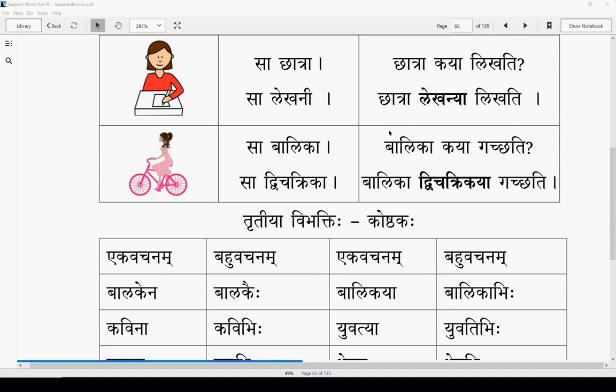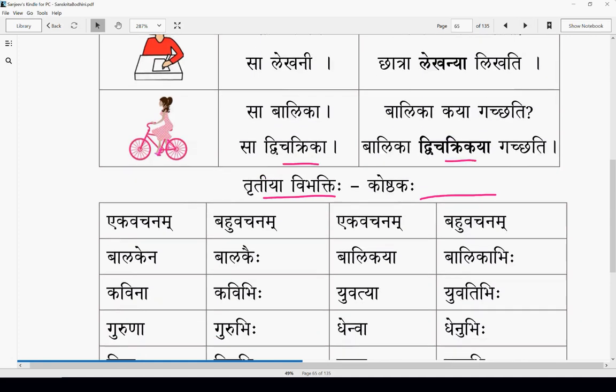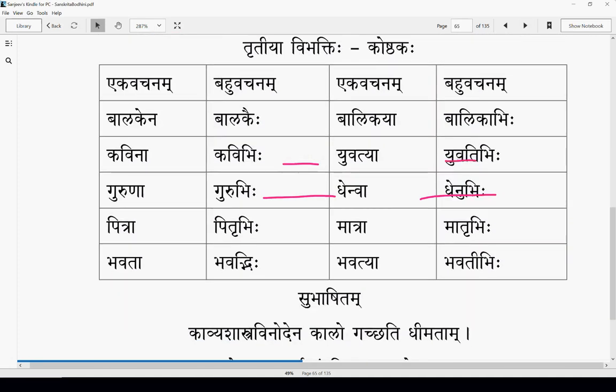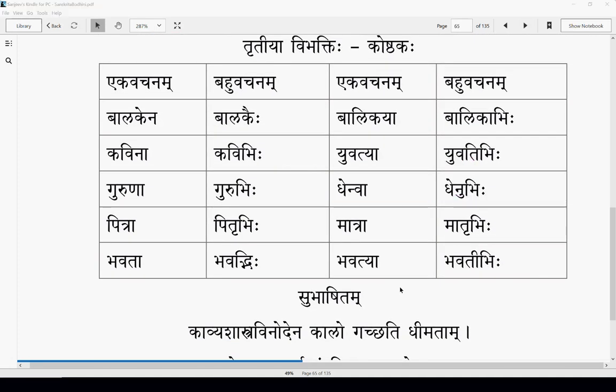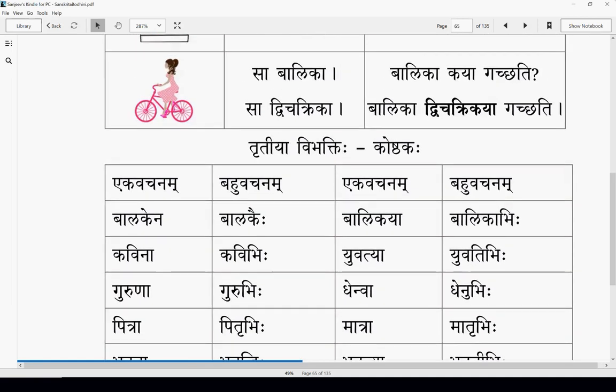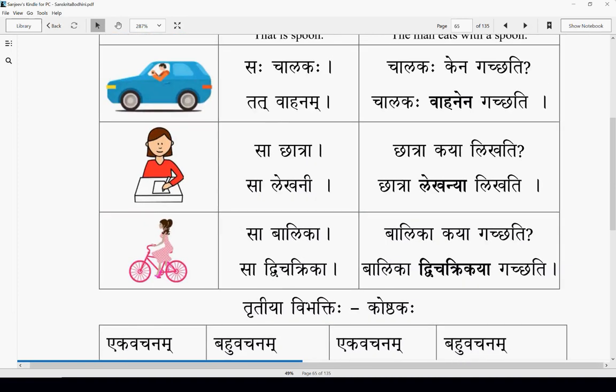The next one also has an example with Strilingam. Sa Balika, Sa Dichakrika. Dichakrika is in Strilingam. So Kaya Gacchati, Dichakrikaya Gacchati. Okay. Any question on this so far?